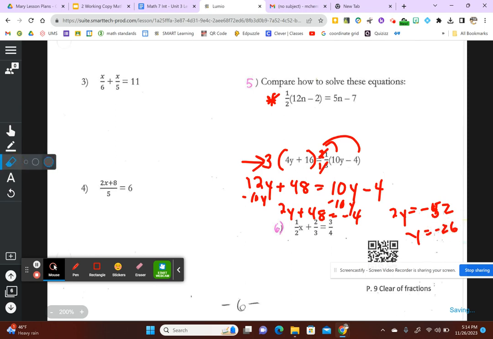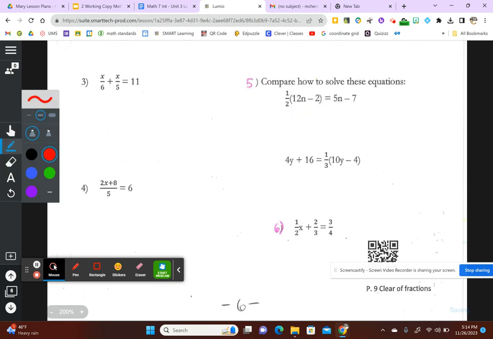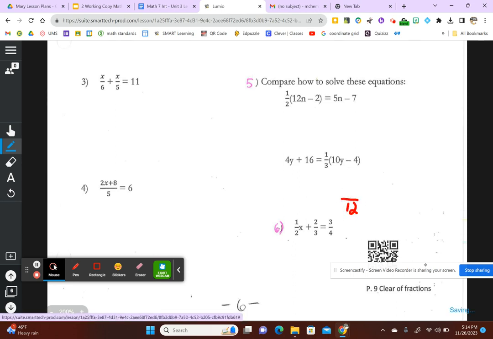So that would be an example where I'd want to get rid of the fraction because distributing the fraction would create more fractions. Now, for this last one, obviously I'm going to try to get rid of the fractions because there's 3. My common denominator is going to be 12. 1/2 x becomes 6/12 x. 2/3 becomes 8/12.